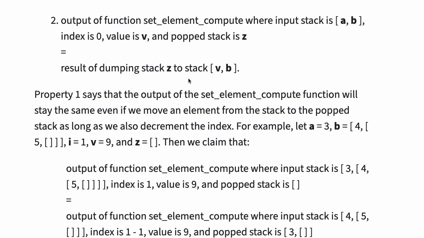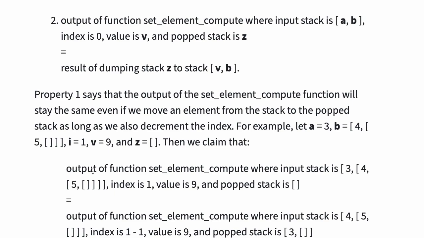Property 1 says that the output of the setElementCompute function will stay the same, even if we move an element from the stack to the pop stack, as long as we also decrement the index. For example, let A be 3 and B be the stack 4, 5, I be 1, V be 9, and Z be the empty stack.